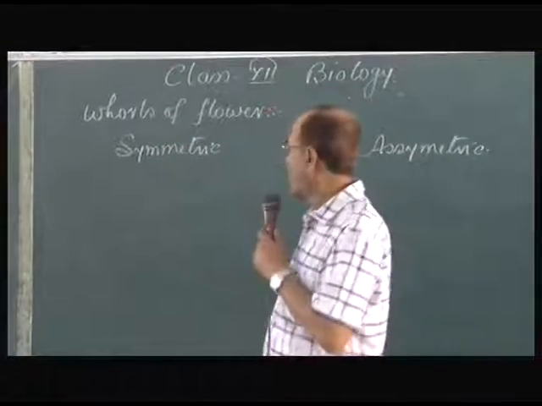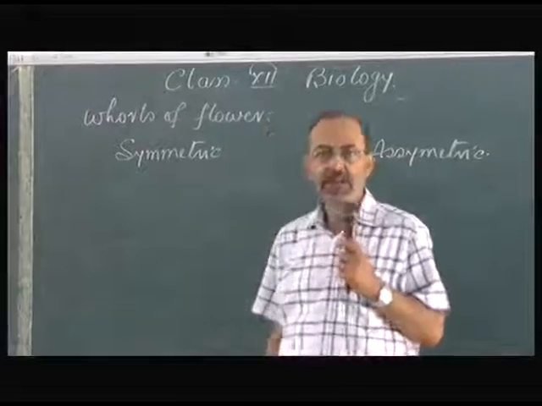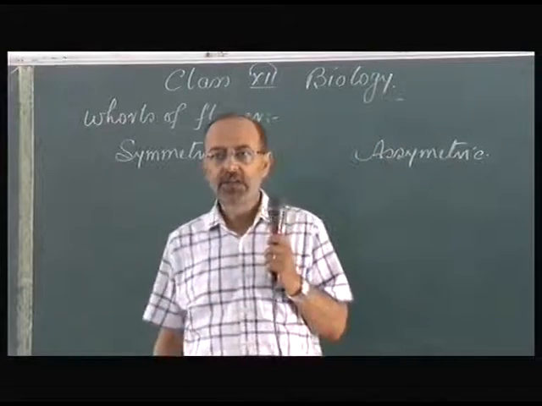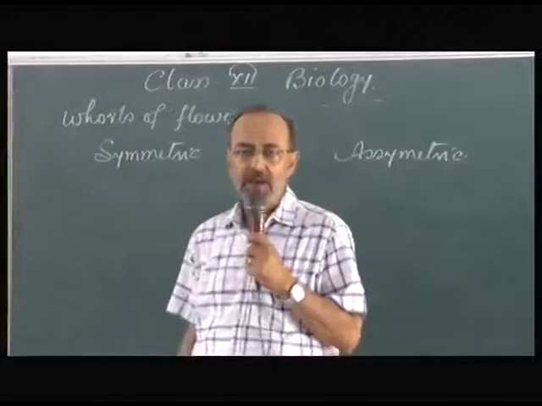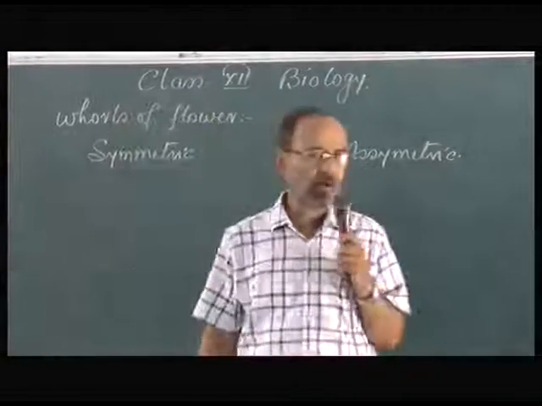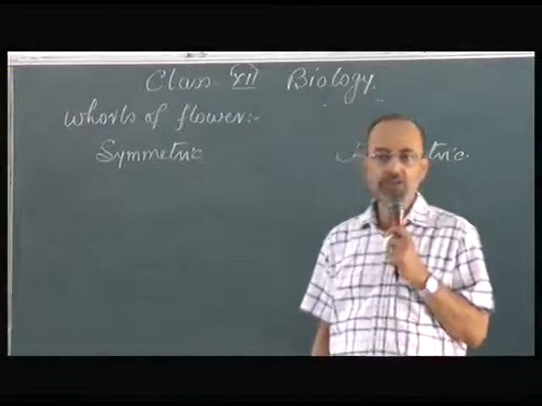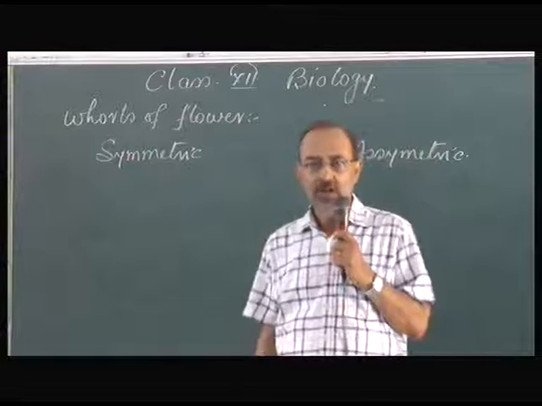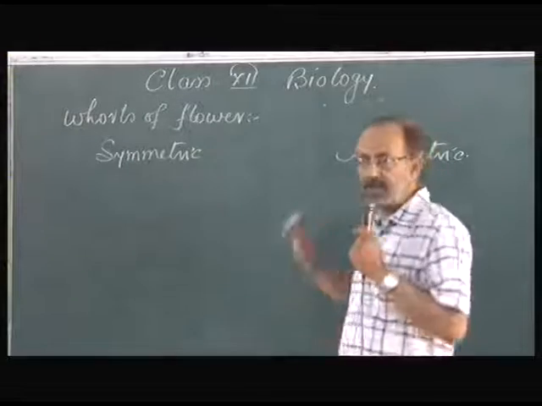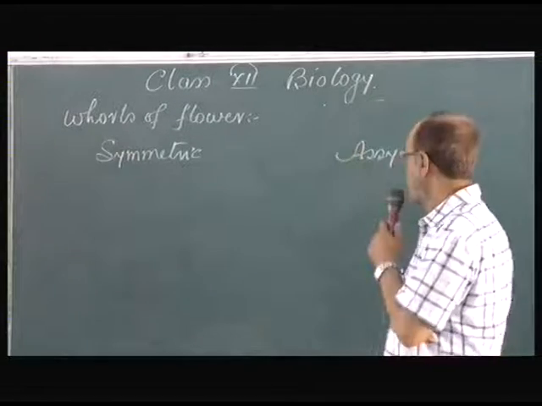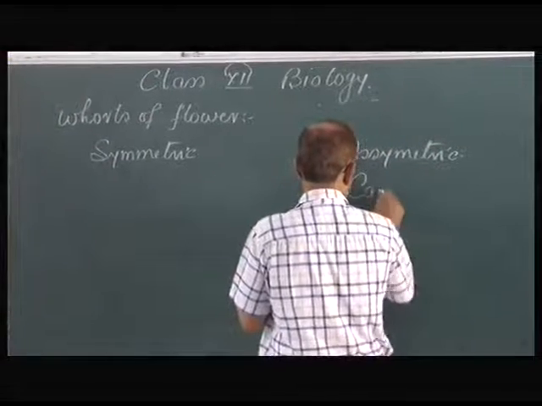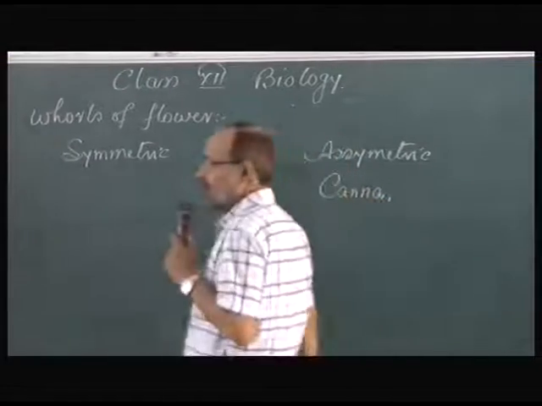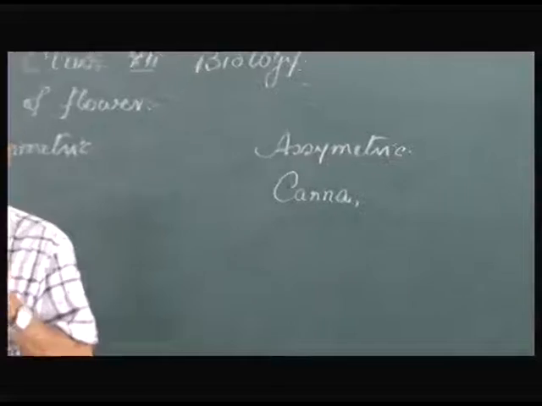If the different whorls are arranged in a definite geometrical pattern, the flower is known as a symmetric flower. And if the different whorls of the flower are present in a non-geometric pattern, it is known as an asymmetric flower. The most common example of asymmetric flower is the flower of canna. Clear? The flower of canna is an example of an asymmetric flower.